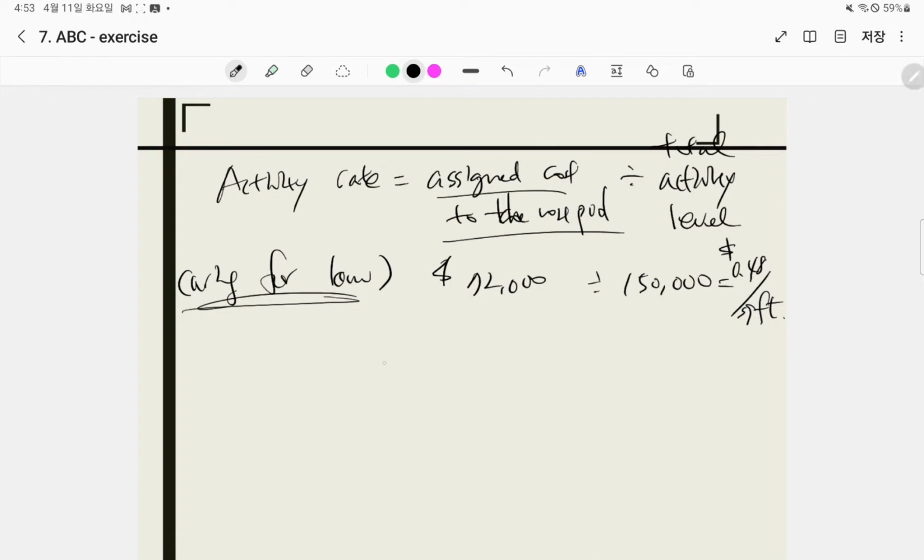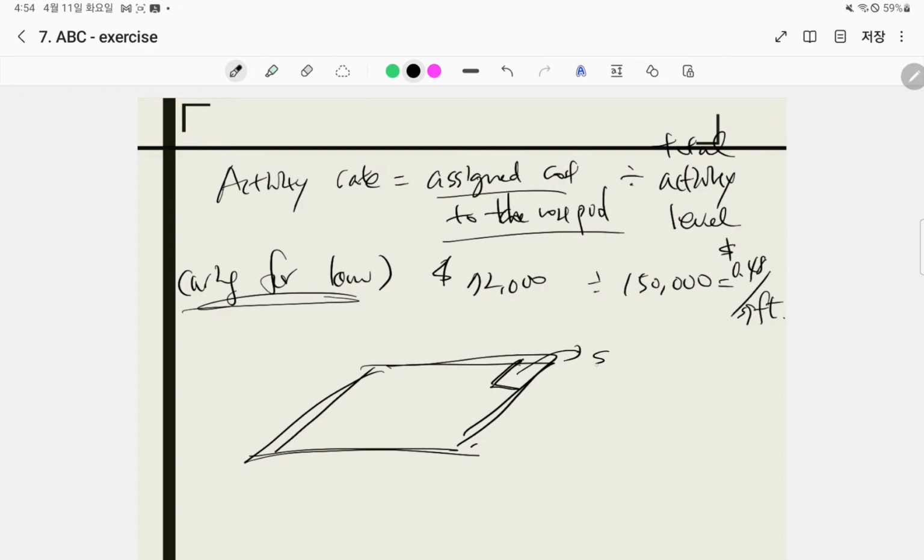Okay, so you have this area of the lawn. Let's say that this is 1 square foot.